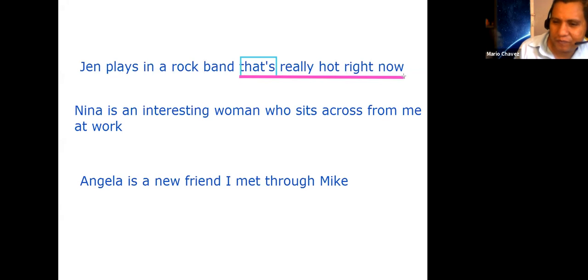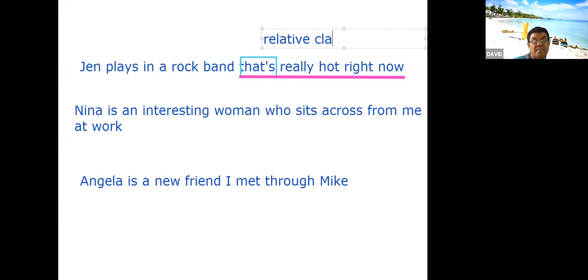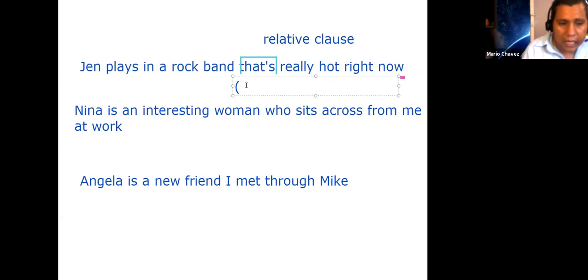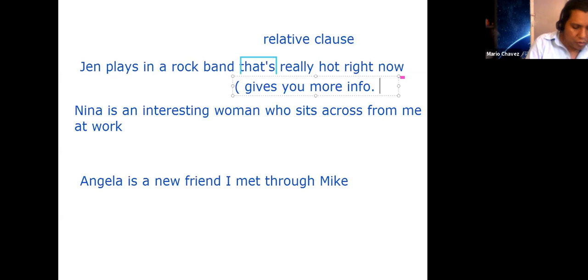Okay. All right. Now, for example, this, guys, in English, this is a relative clause. What is a relative clause, guys? Well, basically, a relative clause gives you more information about the person or thing.